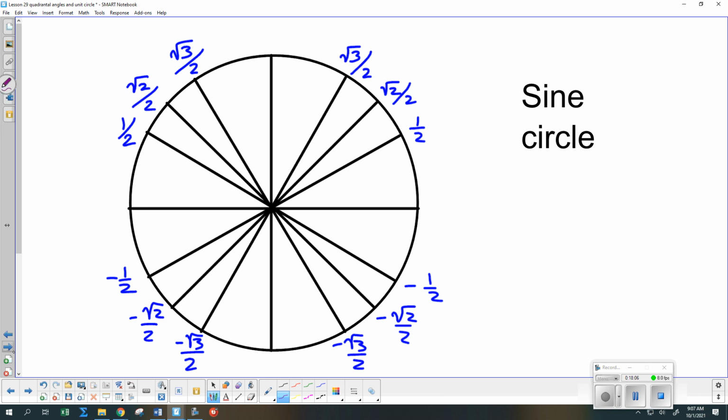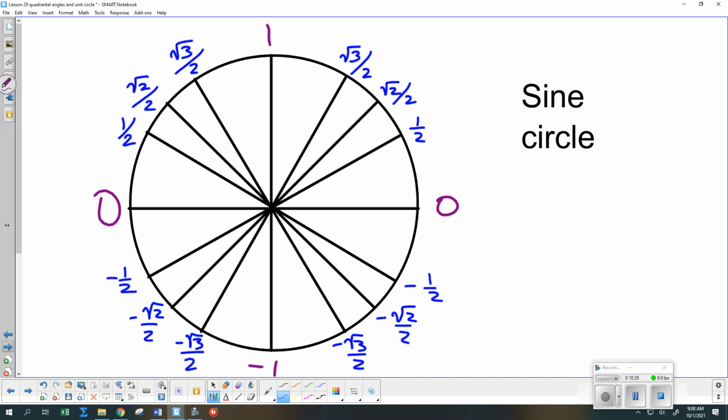So going back to the 1 for the sines, what we have now figured out is that the y-coordinate here is 0, and the y-coordinate here is 0. The y-coordinate here is 1, and the y-coordinate here is negative 1. So those are the sines for all of these angles.